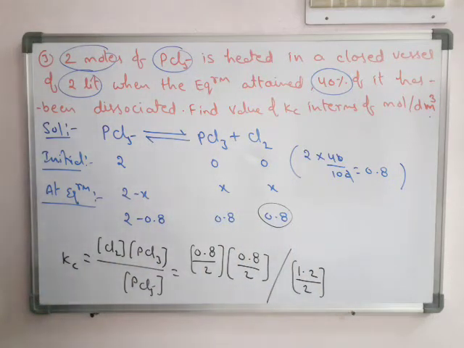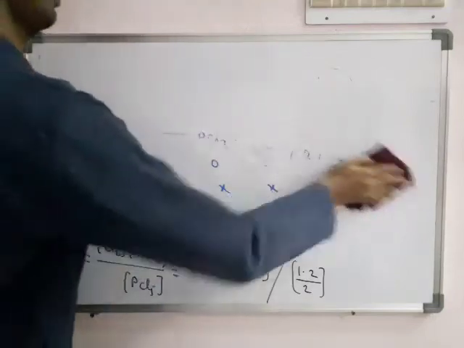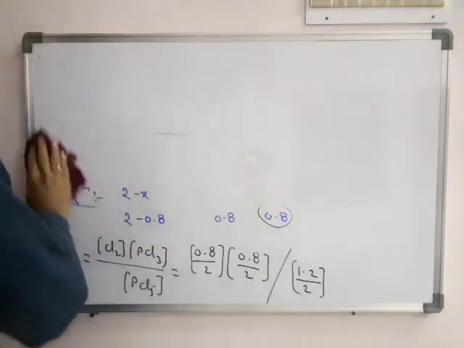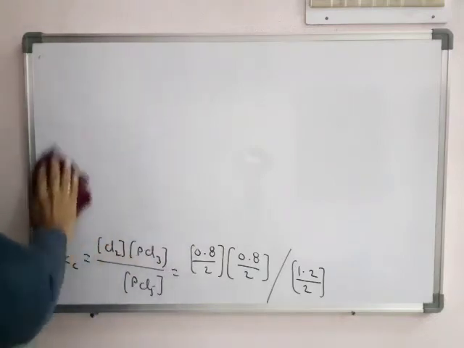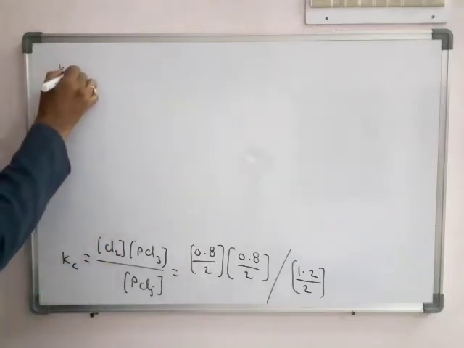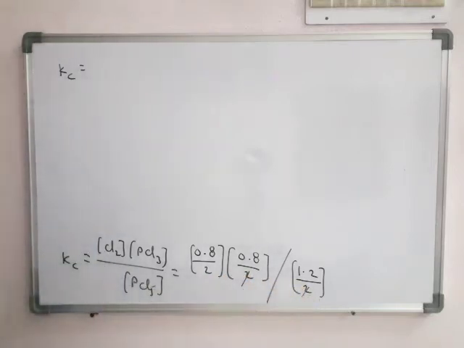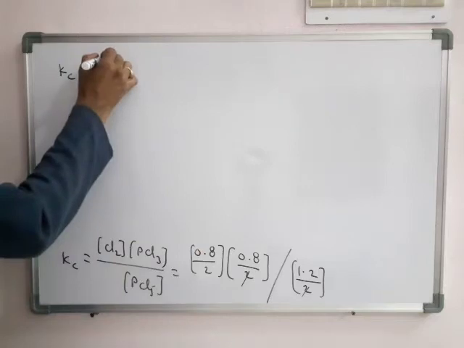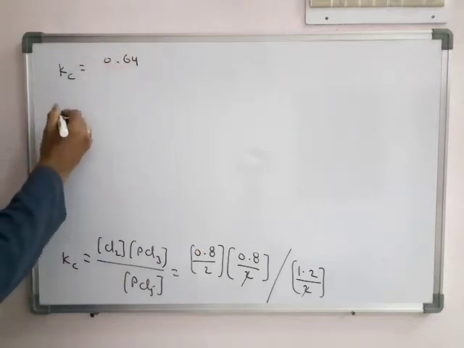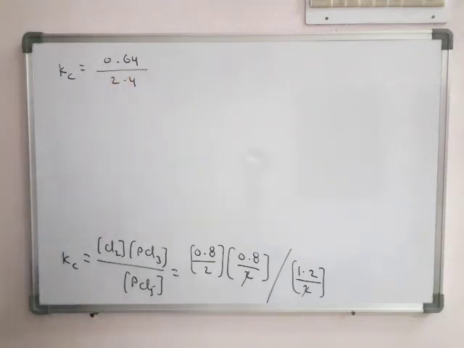On the total calculation we will get Kc, so the 2s get cancelled. Here 0.8 times 0.8 will give 0.64 by 1.2.